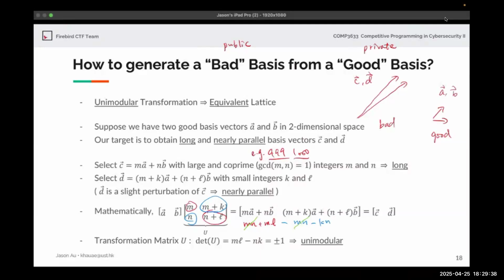So the determinant must be equal to positive or negative 1 to ensure that the transformation is unimodular. That is, it preserves the equivalent lattice.